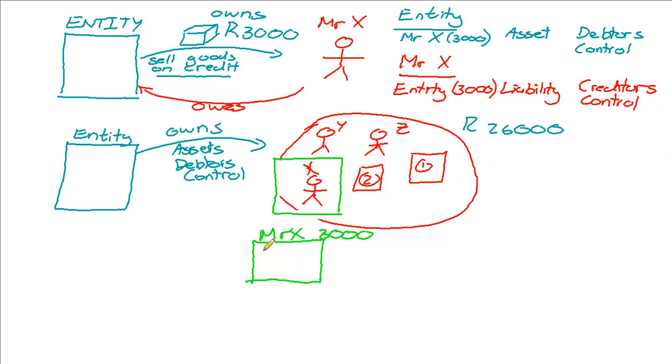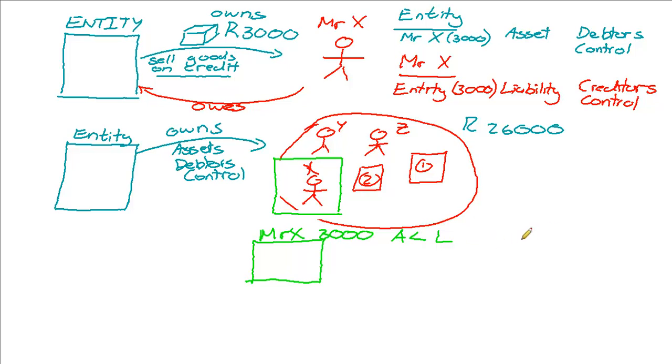This block represents the 3,000 Rand that Mr. X owes us. And when we ask him, Mr. X, can you please pay? We find that Mr. X cannot pay because Mr. X's assets are smaller than his liabilities.